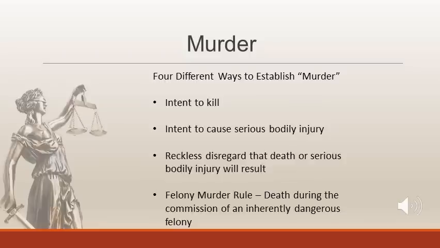The felony being arson, and the deaths resulted during the commission of that crime. So those would be felony murders, and that's how you get to murder by way of the felony murder rule. So those are the 4 different ways to establish murder, focusing on the mens rea element of a crime.